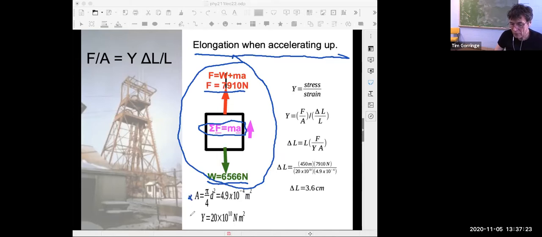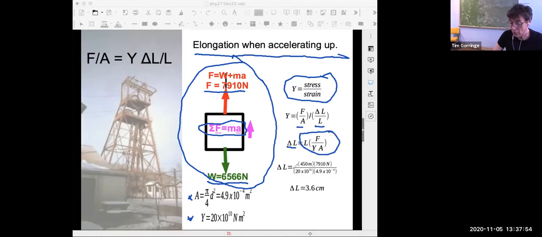Well, so now let's go ahead and do the calculation. Remember, I know the cross-sectional area of the cable. I know the elasticity of the steel cable. So I can go back to my stress-strain elasticity relationship. I can fill in the relationship of the stress to the force, the elongation to the strain, and then I can rearrange for the elongation in terms of all these quantities: the force, the length, the area, the Young's modulus that I know.